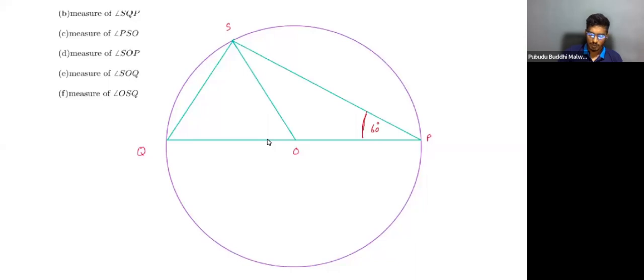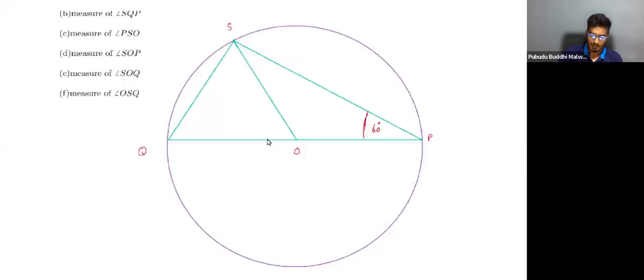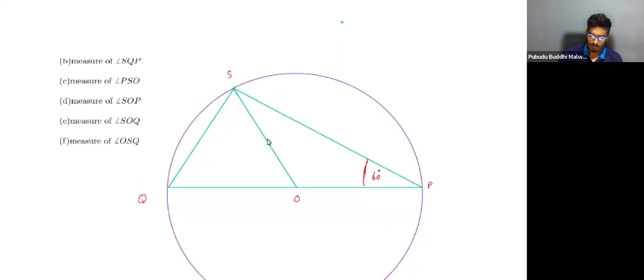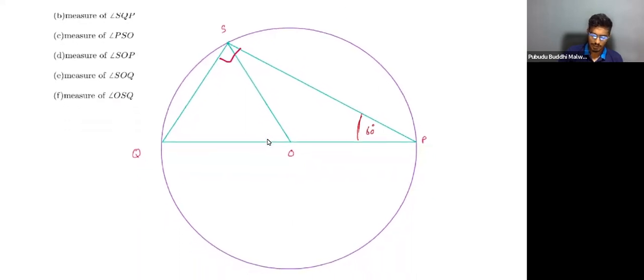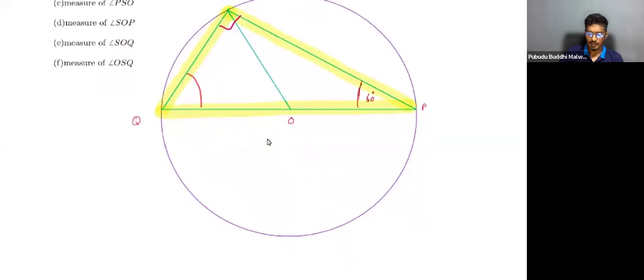We found this angle, the top one, that's 90 degrees, and also this is 60. Clearly, using triangle PSQ, the bigger one, we can compute this angle. Let me mark that. The sum of interior angles of a triangle equals 180.